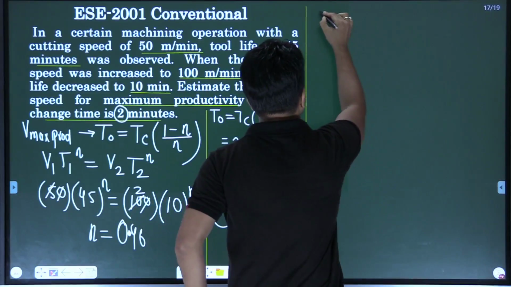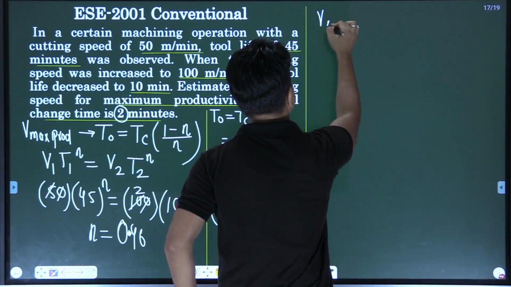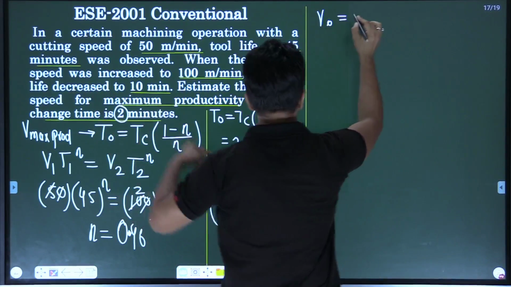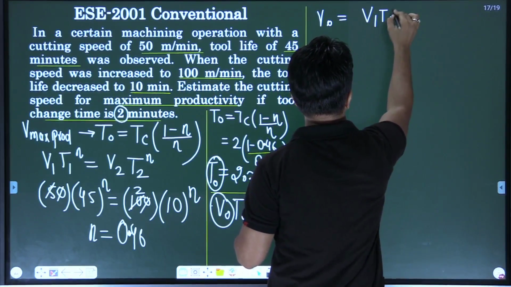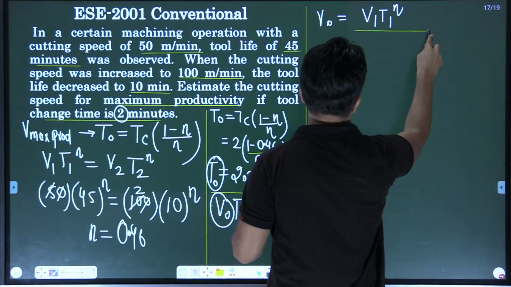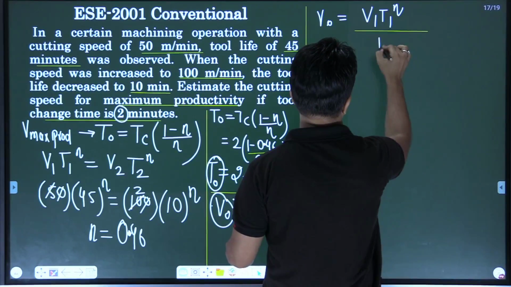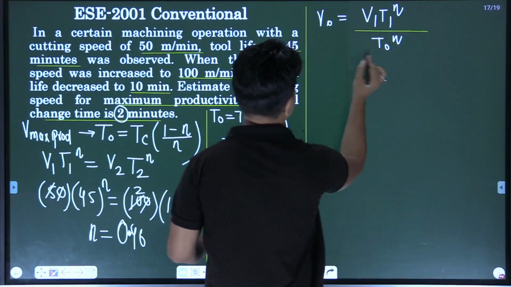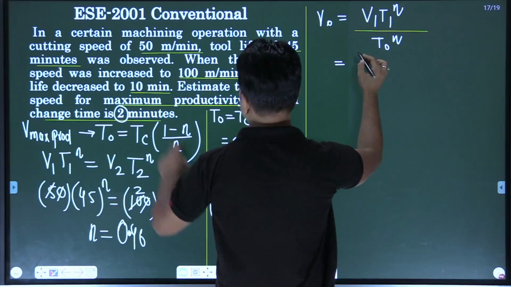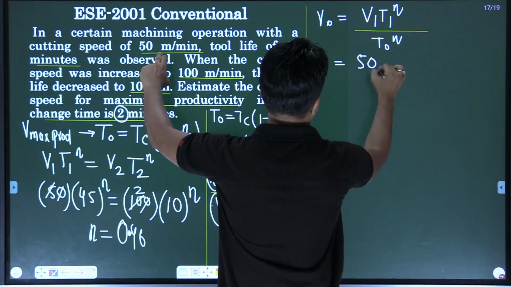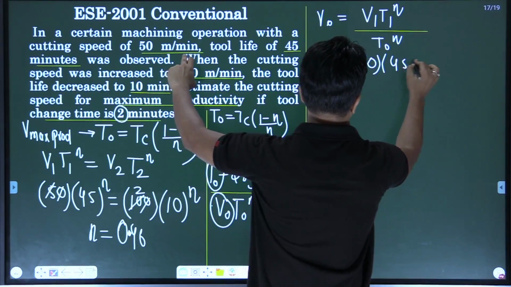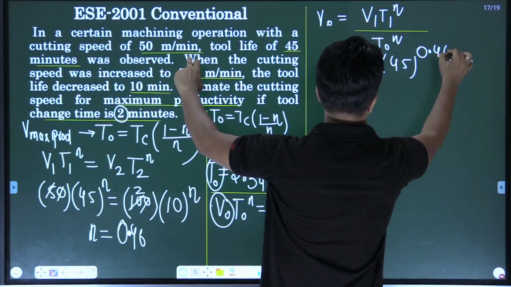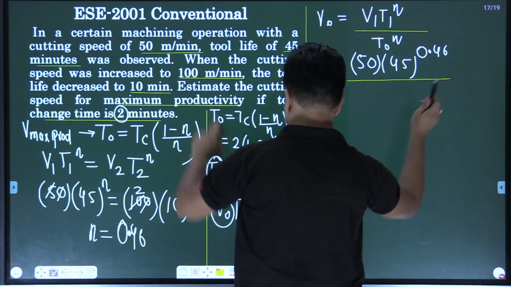Now, V naught equals C divided by T naught to the power n, and C is V1 T1 to the power n. So just write V1 is 50, T1 is 45, to the power 0.46, divided by T naught to the power n.